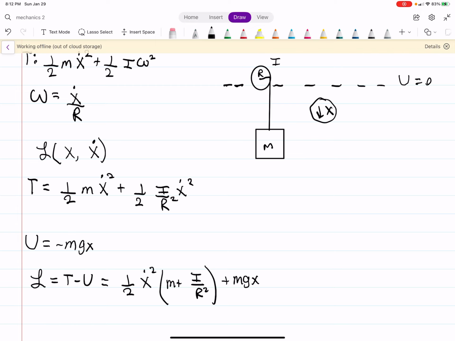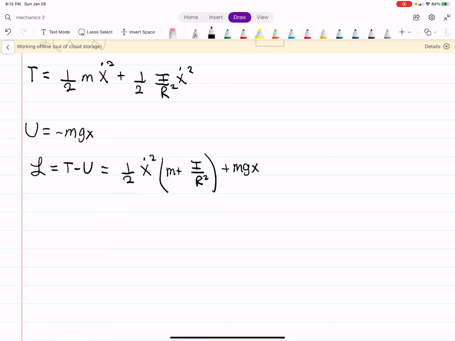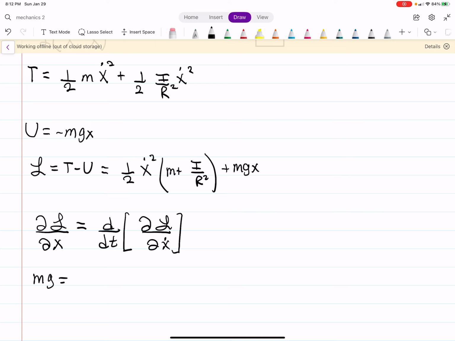Okay, so now we can do our Euler-Lagrange equations of motion, which is the partial derivative of our Lagrangian with respect to our coordinate x is equal to the time derivative of the partial derivative of our Lagrangian with respect to the generalized velocity x dot. So dL by dx is pretty easy. That's just going to be mg.